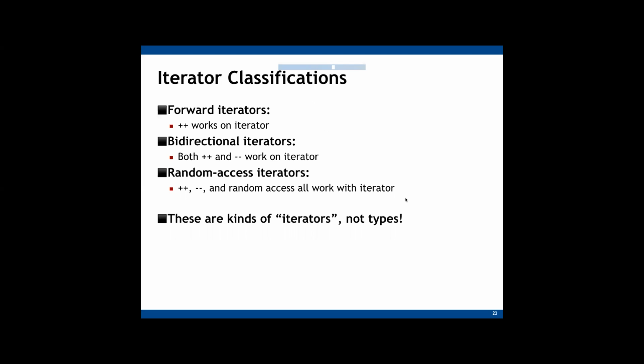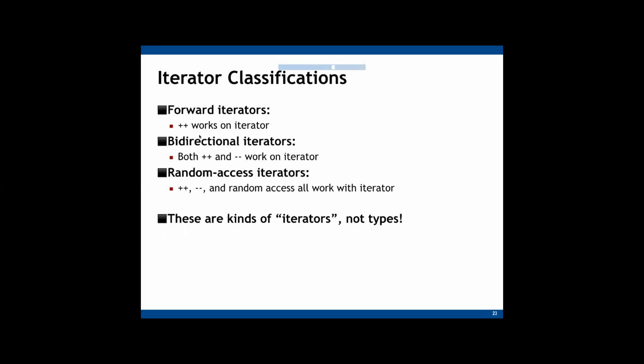There are different kinds of iterators. The iterators are classified as shown here: the forward, bidirectional, and random access iterators. They are classified according to the operations that work on the iterator. The forward iterator only works with the increment operator.